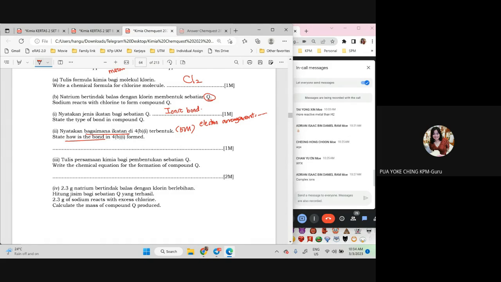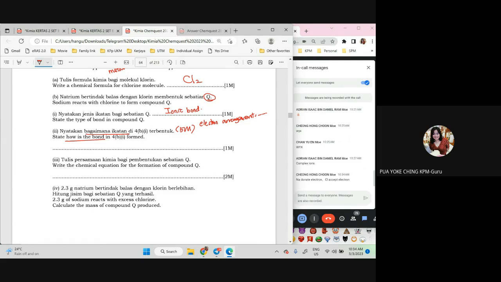Tapi ini 1 mark. Apa jawapan dia? Hong Chun kata Na donate electron, Cl accept electron. Okay.